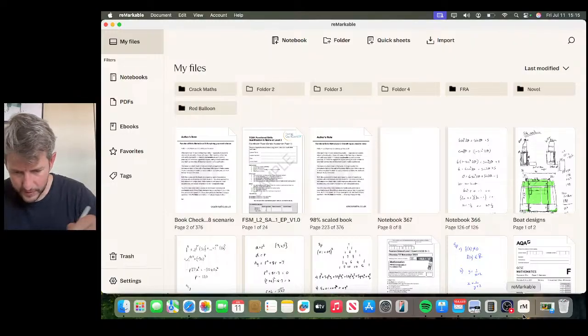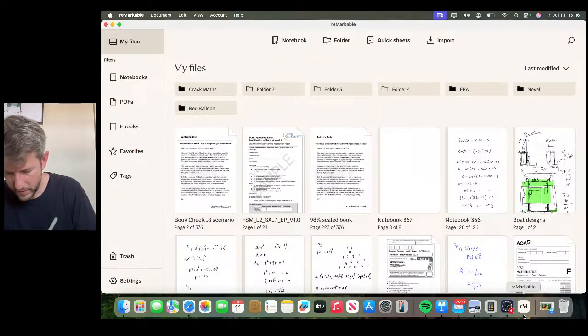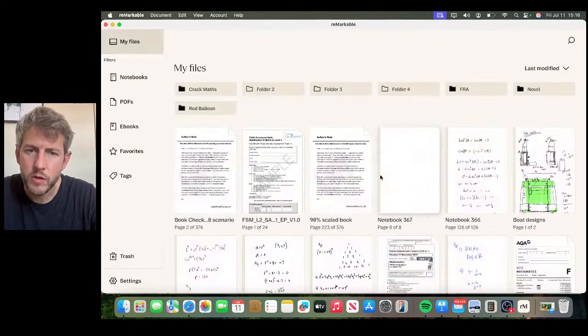Right. Go to page. Sorry, what was that? I'm just getting back to the right page. Right, here we go. Share. Send me screen share. Connect. Sorry about that. Phew.